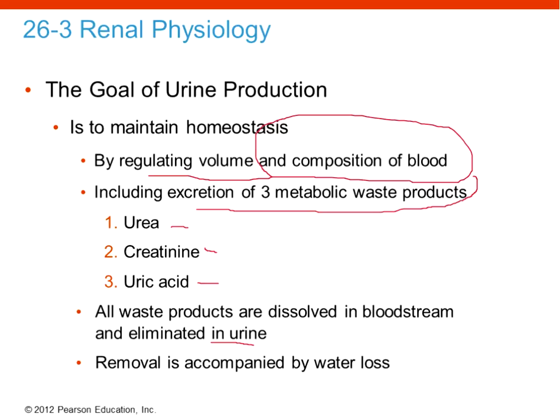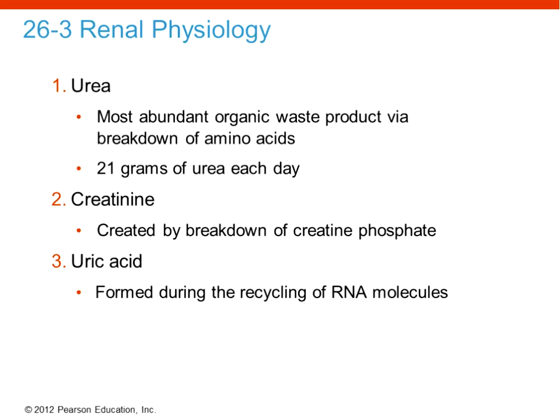The water in the urine is sort of the vehicle for release of these components. So that's how these things are lost, essentially. Urea is a very abundant organic waste product as a result of the breakdown of amino acids, and of course amino acids are being broken down quite a bit by the body, producing about 21 grams of urea each day.